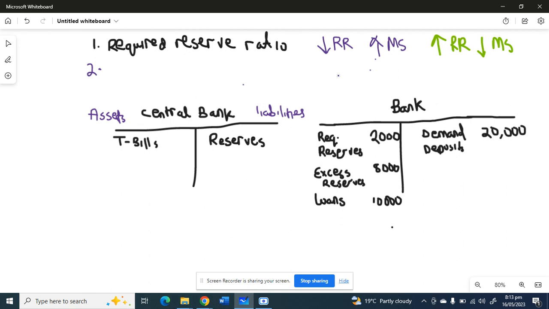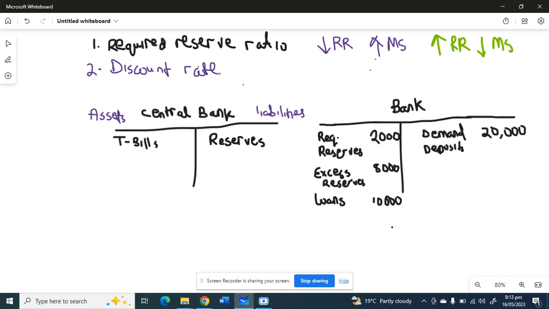Okay, the second tool is the discount rate. This is the interest rate the central bank charges the commercial banks. Remember, the central bank is the bank for the commercial banks.